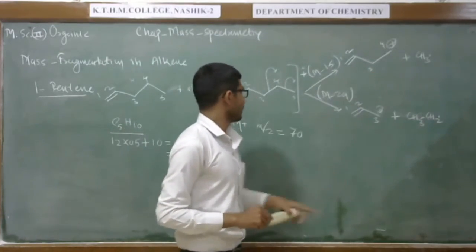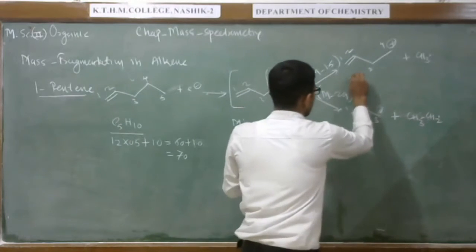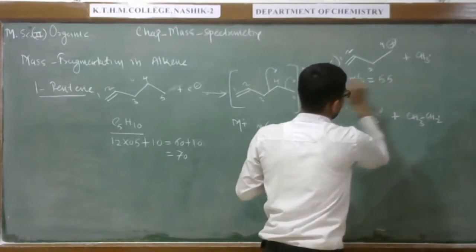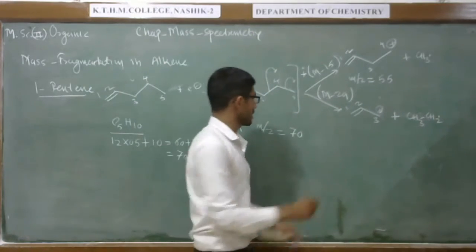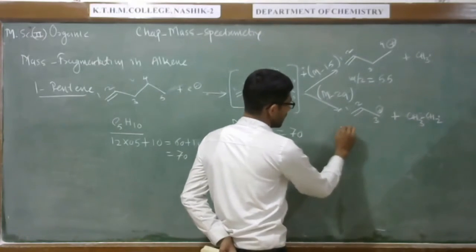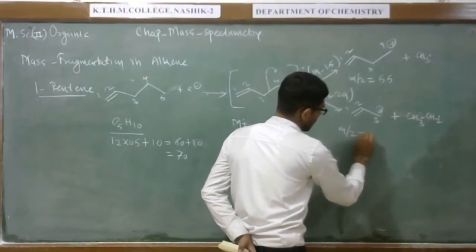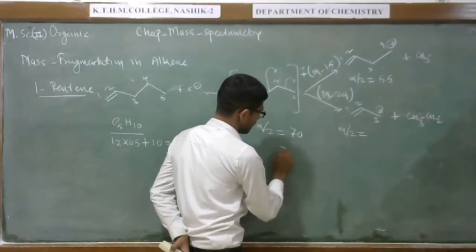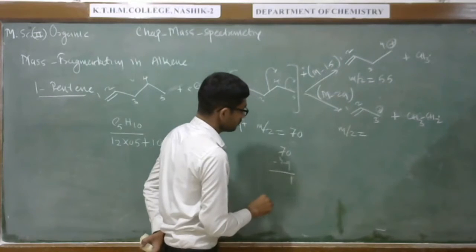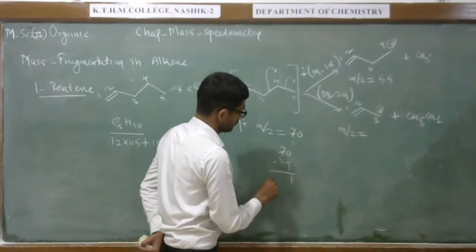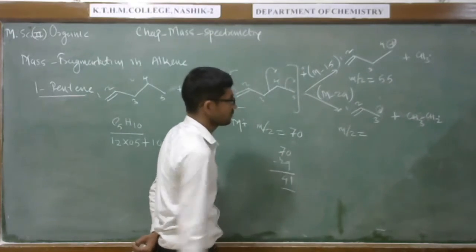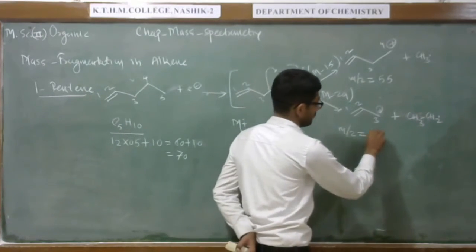M minus 15, so 70 minus 15. This peak comes out at mass to charge ratio 55. While M minus 29 means 70 minus 29, this peak comes out at 41.